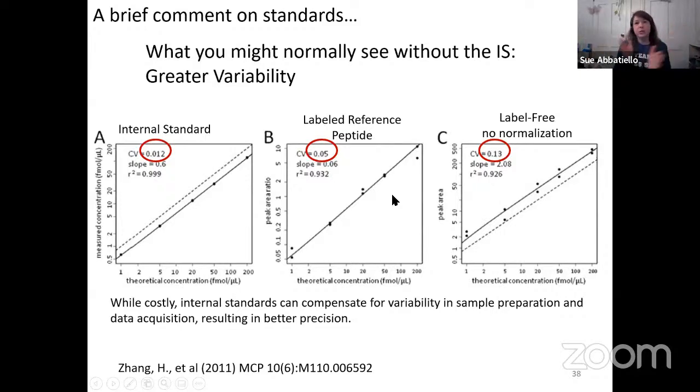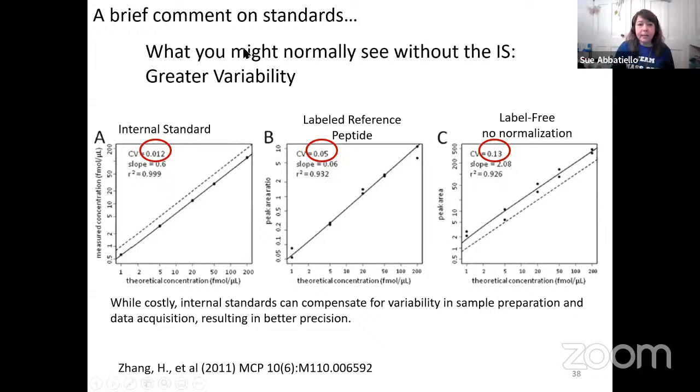But we can use the same one peptide internal labeled reference for all of our peptides. What we see here is when we plot that slope, our coefficient of variation on these data points is now 5% instead of 1.2. And so we also see there's variability down at the low end and at the high end that this labeled reference peptide can't account for because it's occurring somewhere else in the analysis.